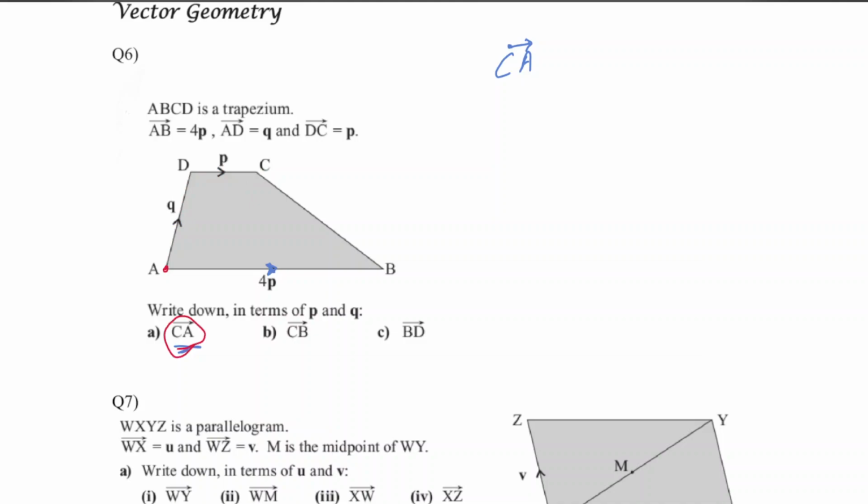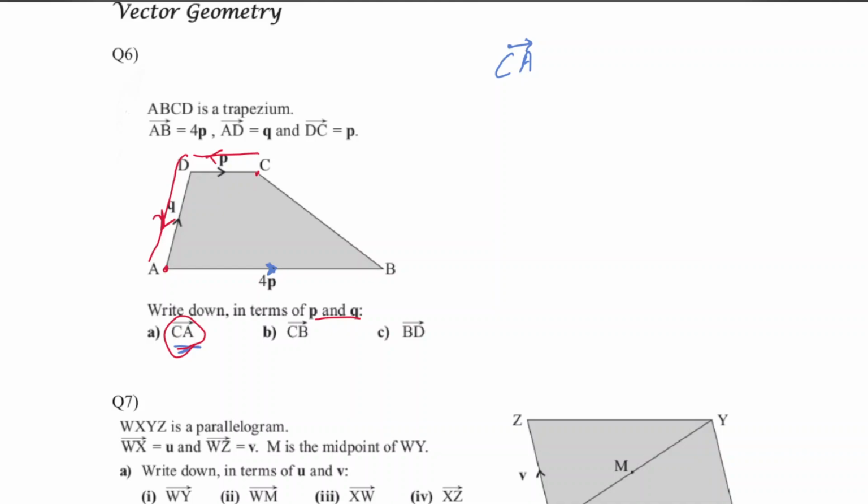I have to find out CA. I have to start from C and go to A. I have to take this direction because in this direction only both P and Q are available, right? We have to represent the term in PQ. So if I go in this direction, the arrow mark should be in this direction, right? So that is exactly opposite to the arrow mark that is given.